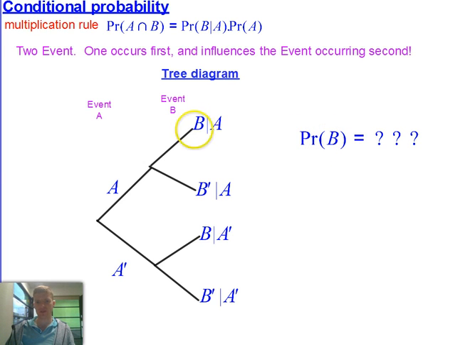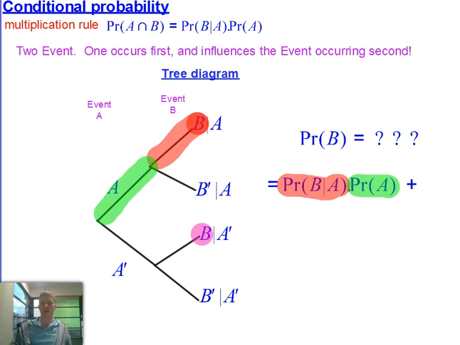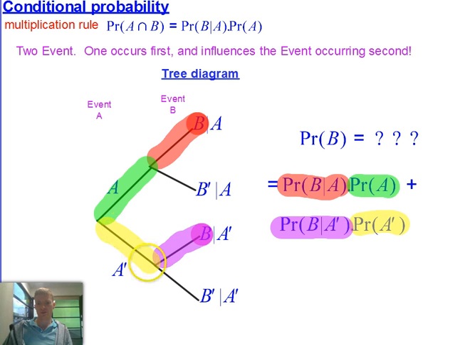Well, we have it in the top part there, and we have it in the bottom branch here as well. So that's where B occurs, and it exists in two parts, given that A has occurred and given that not A has occurred. So we're going to combine the two. It will be the multiplying of the two branches, plus the multiplying of the next two branches.